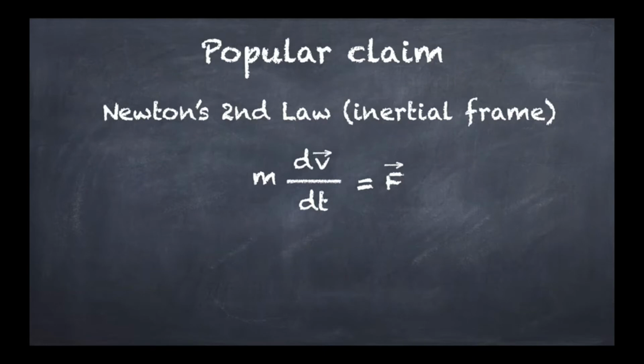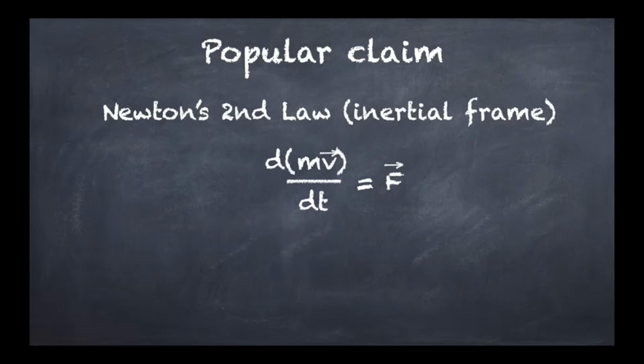Starting with Newton's second law, where you need to be in an inertial frame, you've got that the mass times the time derivative of the velocity is equal to the force. Now, if m, which is the inertial mass of the system, is a constant, then you can put it in this following way inside the derivative.